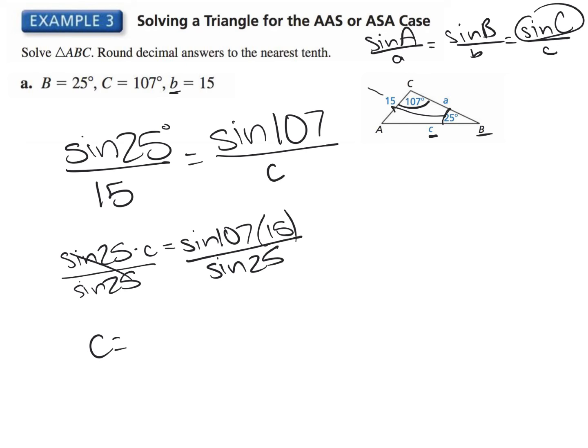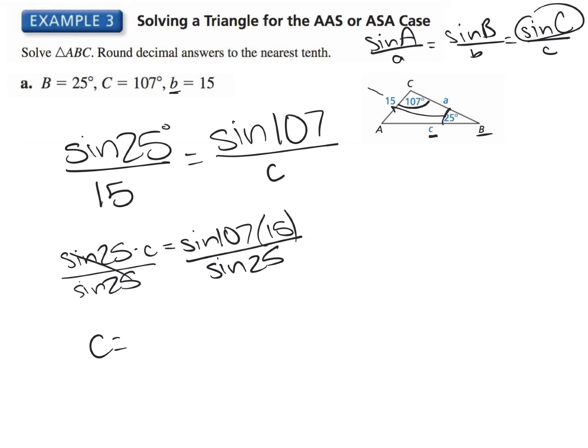So c equals, and when you go to put it into your calculator, do it step by step. I would say do 15 times sine 107, hit enter, then divide by sine 25. Make sure you're using parentheses.